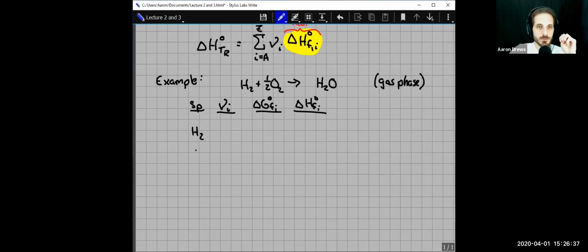We'll go H2, O2, and H2O. This kind of table should start out looking pretty similar to the one we would have used in material and energy balances. So we have minus stoichiometric coefficients for hydrogen and oxygen, and then a +1 for water because it's one of our products. And now we have to go look up these values.